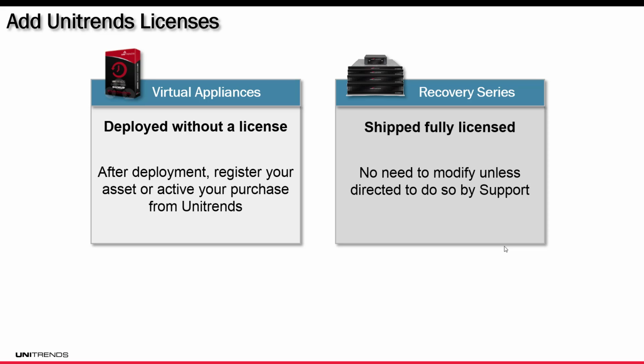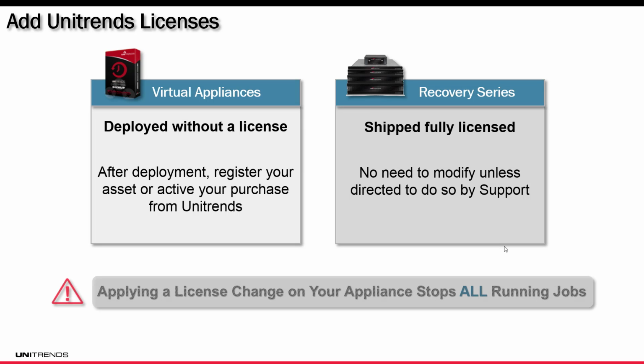You purchase something different, some different license key for doing something different, or you add storage or change your capacity, you may need to change your license. That's done for the virtual appliances. With support for physical appliances, you really will never modify that license string unless they tell you to do so.